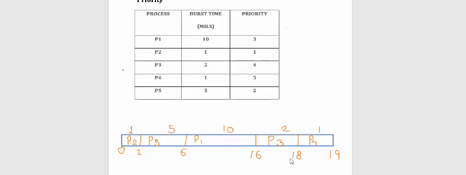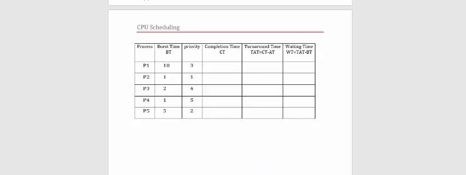After making the Gantt chart, now it is time to make the table to calculate the average waiting time and average turnaround time.